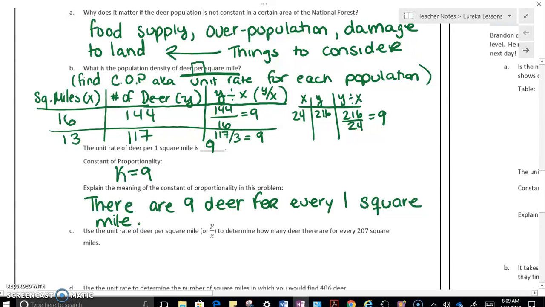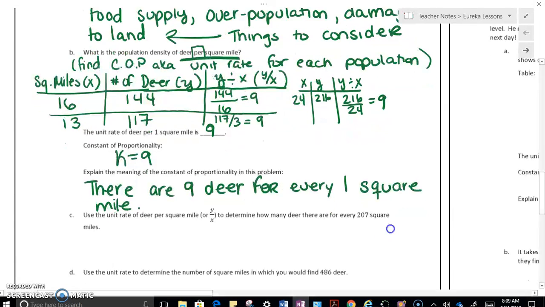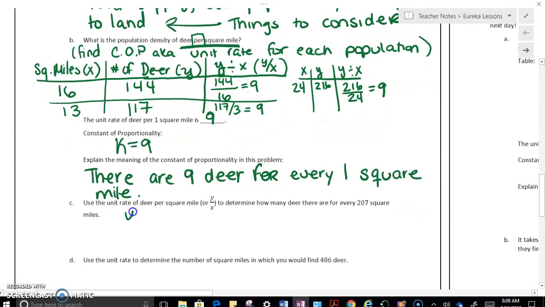Use the unit rate of deer per square mile, or Y divided by X, to determine how many deer there are for 207 square miles. So if you recall the formula Y equals KX, we can use this equation to determine how many there are for 207 square miles. According to our table, Y is the number of deer, and X is the square miles.